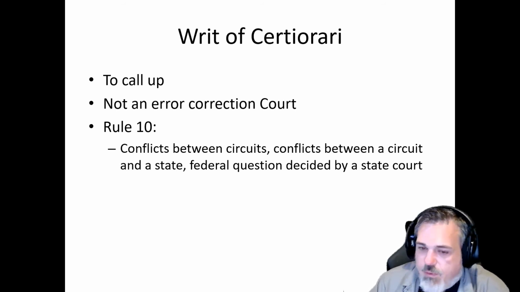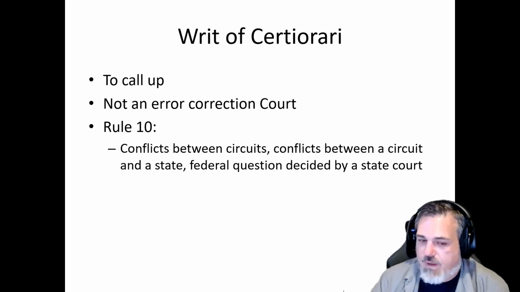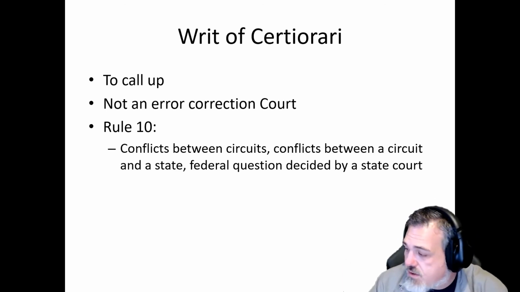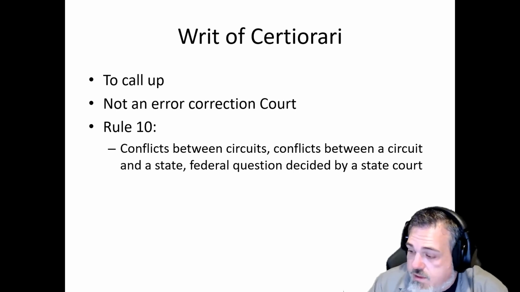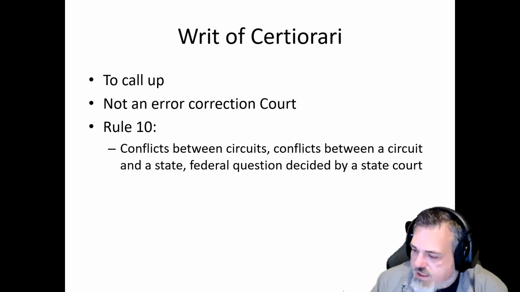Another example would be if there exists a conflict between a circuit and a state court. So a state court and the circuit courts are deciding a similar issue differently. Another example is if the state courts are deciding federal issues. State courts generally don't decide federal issues. They decide most issues based upon state law, which is what they have jurisdiction over. So all of these things increase the likelihood that the Supreme Court will grant certiorari and hear the case.